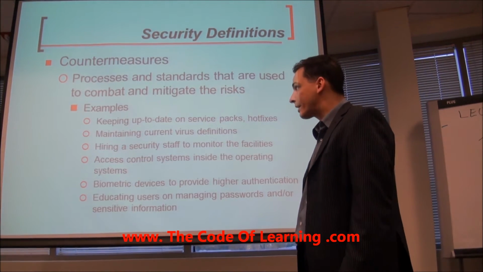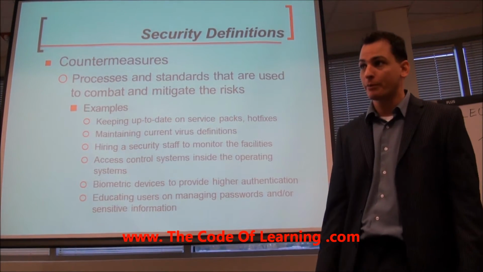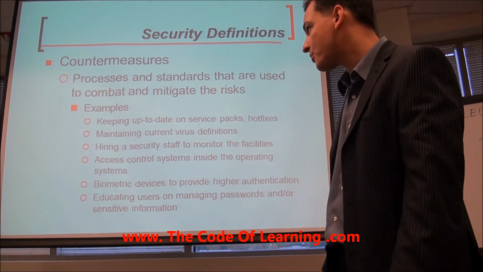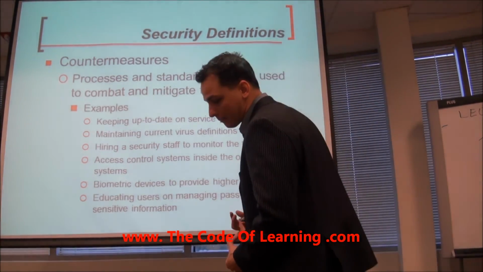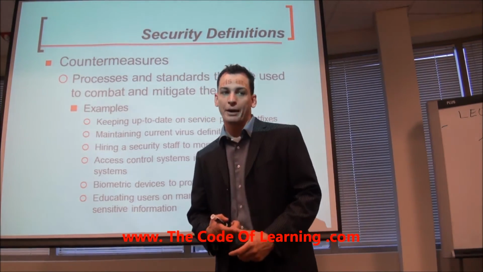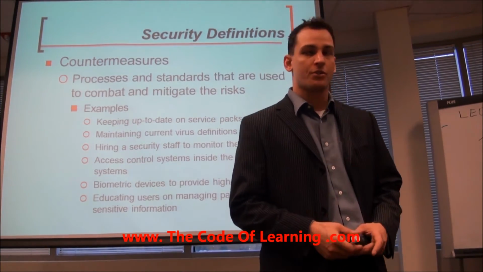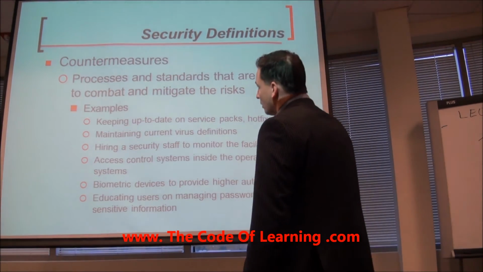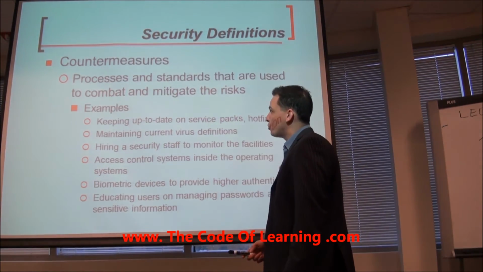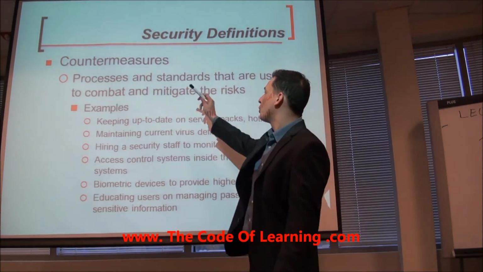So countermeasures. A countermeasure is a control that you put in place, and there are all sorts of countermeasures that you can put in place. You could have preventative, detective, deterrent, corrective, recovery countermeasures, etc. See where I'm going with that? There's your chart. Processes and standards are used to combat and reduce the risk.